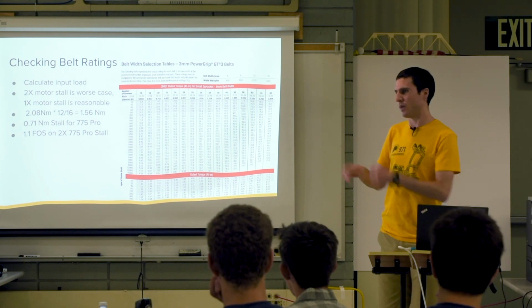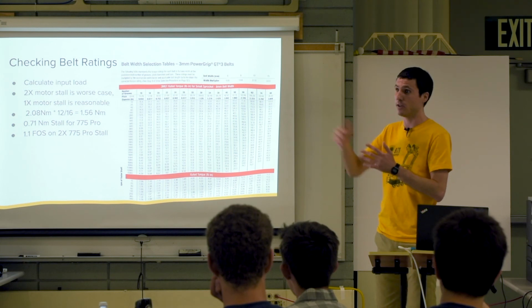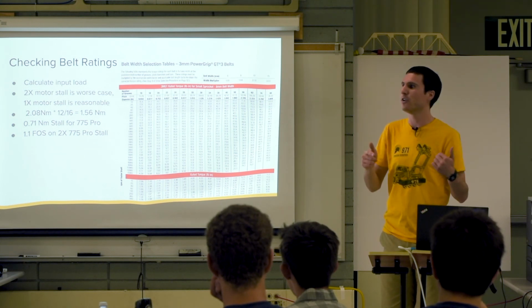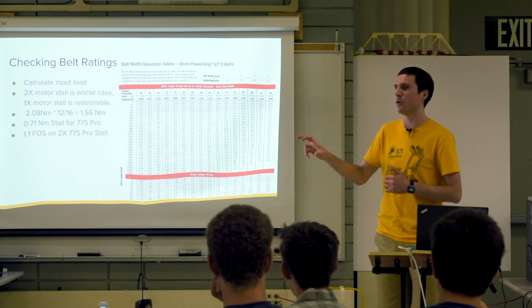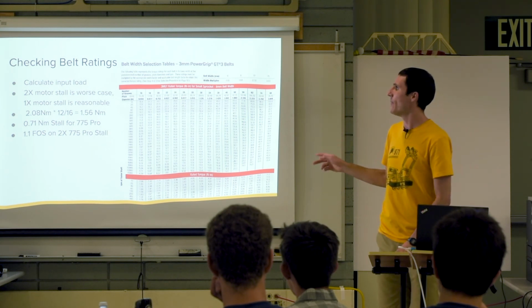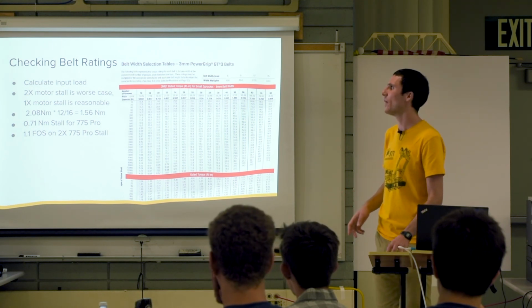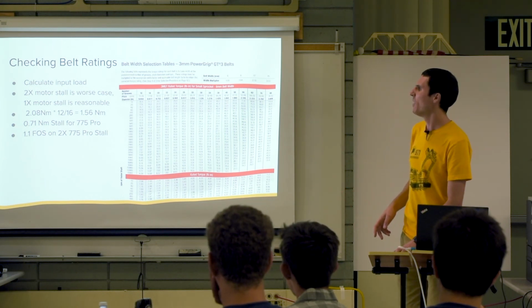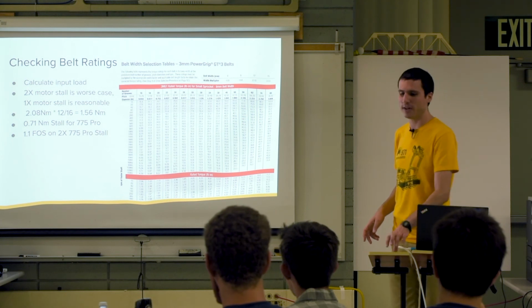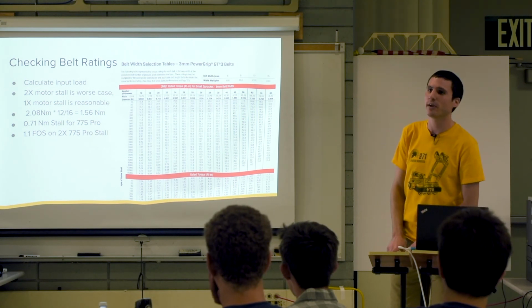When it's spinning at full speed, it's going to be generating 12 volts, and if you go from full speed to full reverse voltage, you're going to end up with 12 volts from the motor and 12 volts from your applied voltage. So you'll have 24 volts, meaning that the maximum torque you could see from the motor is 2x motor stall torque. So if you really want to design conservatively on your belts, you can design to 2x the motor stall torque.